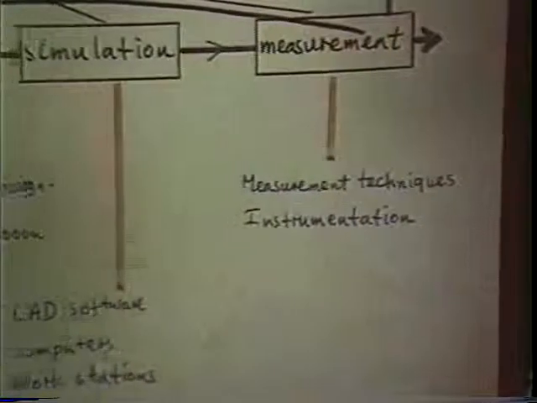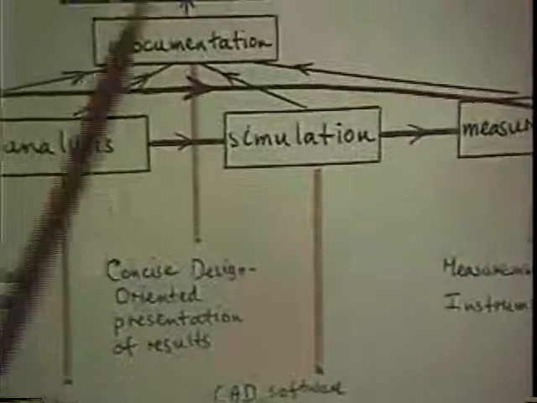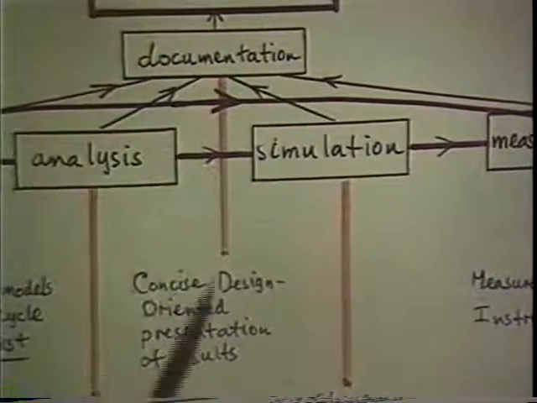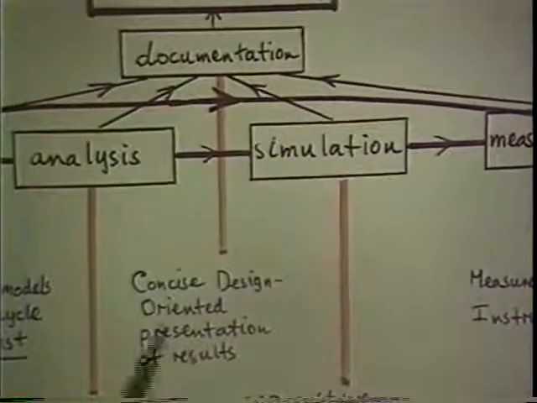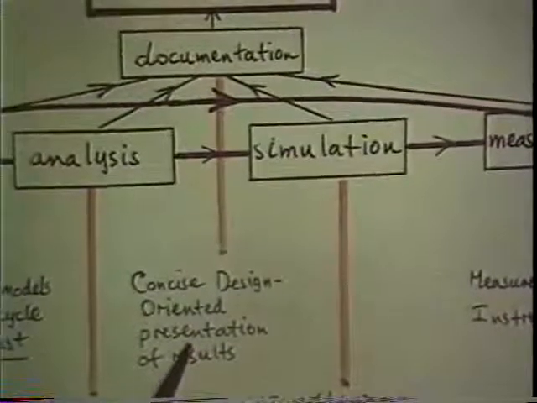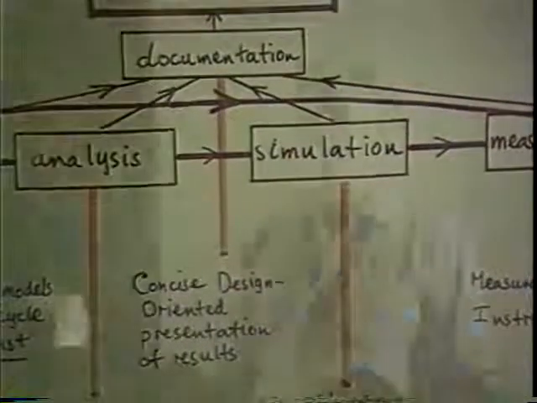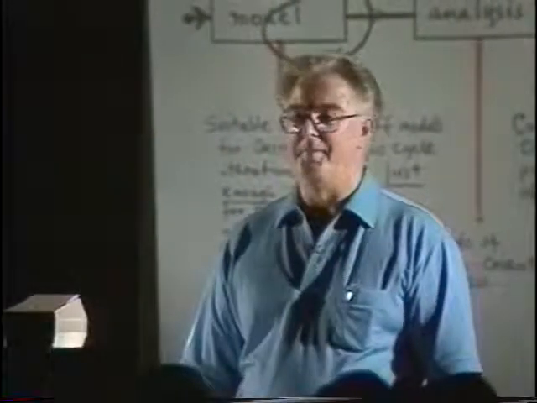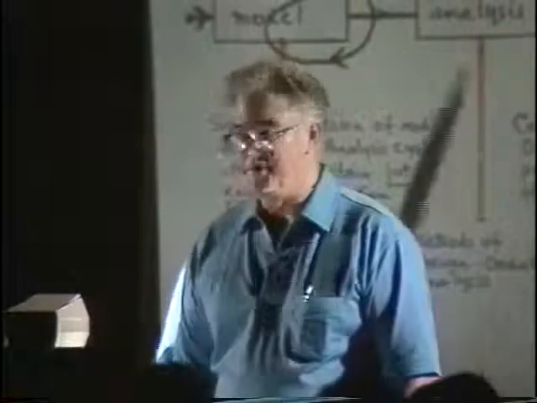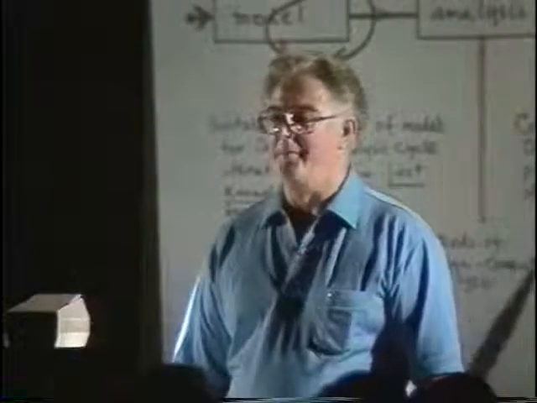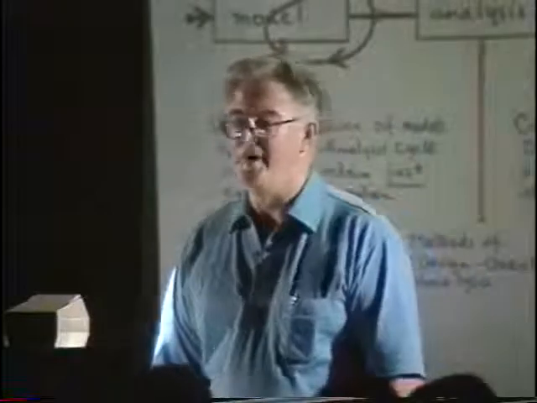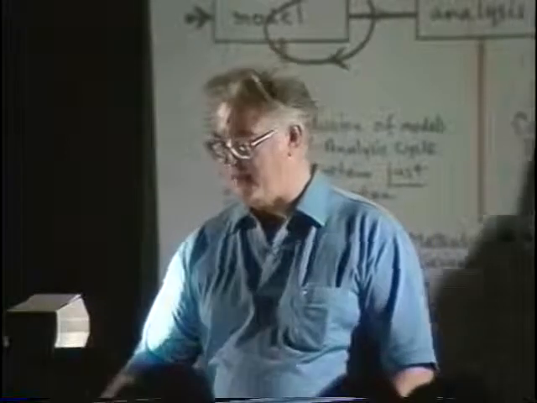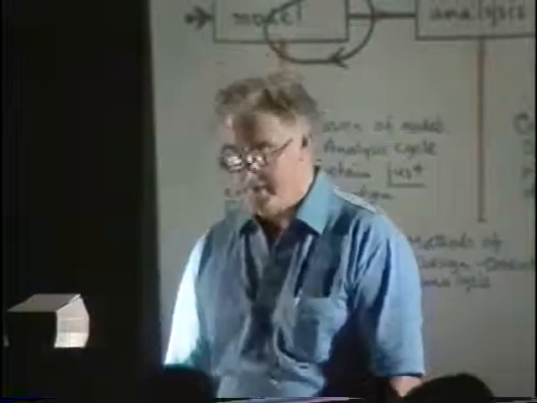And the documentation of all this, again, is something that the design engineer has great control over and needs to give considerable attention to, which is a direct beneficial consequence of using these methods of design-oriented analysis, because not only can the designer himself see what the answer is telling him, but other people, like the design review committee members, can also see what that result is saying. And that's equally important to get the value out of the design review committee.